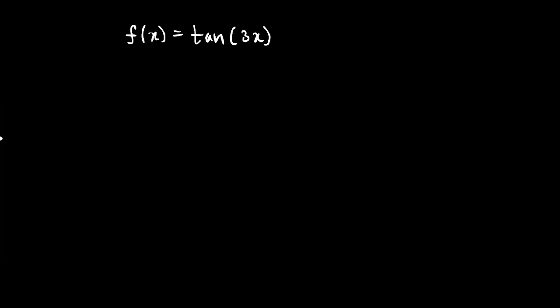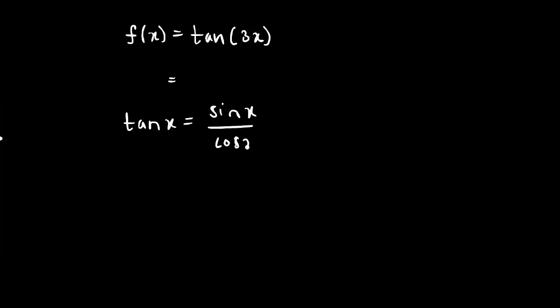All right, now let's try to find the discontinuities for this function, f of x equals tangent of 3x. You should recall that the tangent function, tangent of x, is simply equal to sine of x over cosine of x.